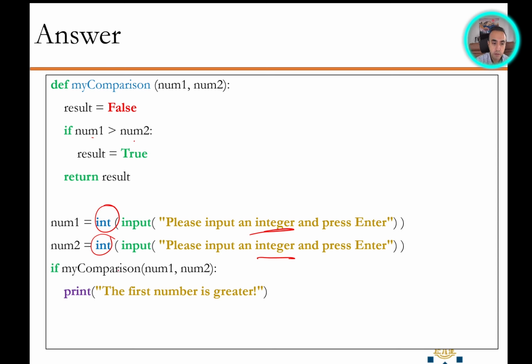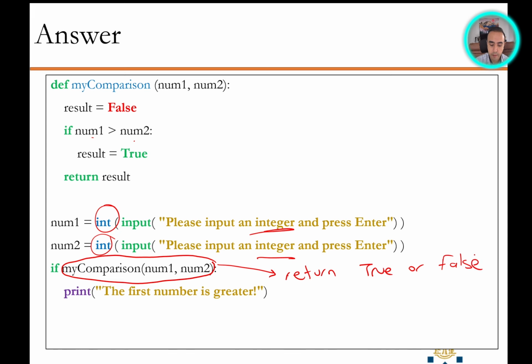Here we didn't compare this with anything because this will return us either true or false, right? So here we have an if statement, and this is either true or false. If it is true, then the first number is greater. Else, if it is false, then the second number is greater or they're equal.